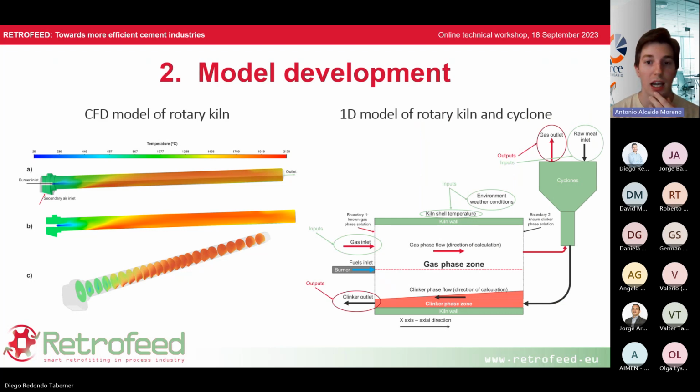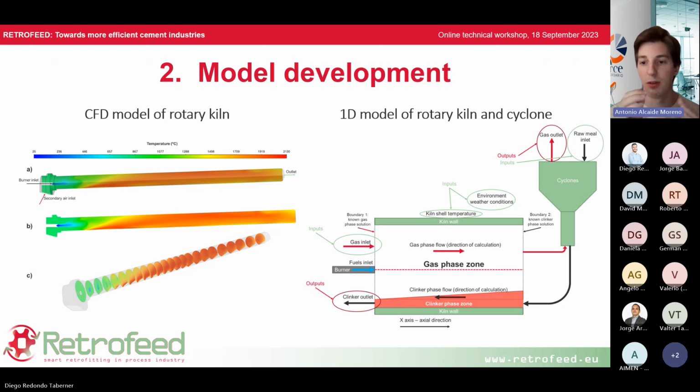Here we can see an overview of the two developed models. On the left-hand side, we can see an example of the temperature profile captured with the CFD model. We can see from the left side that there is the entrance of the combustion air and the combustion solid particles, and we can see that very detached from this burner side, there is the actual combustion and the burning of the particles.